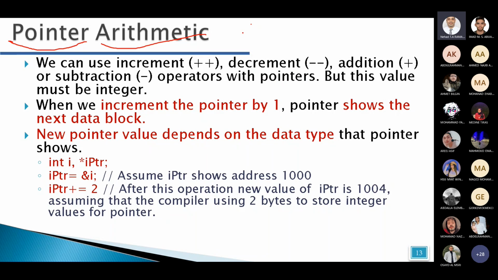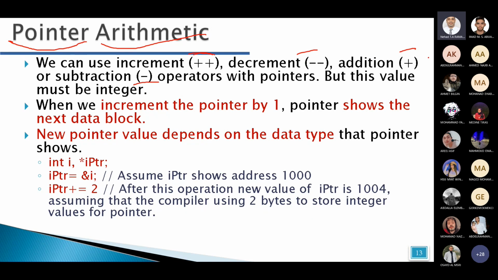Pointer arithmetic, actually, we have increment operation, decrement, and we have addition and subtraction or minus. Increment means increase by 1, decrement decrease by 1.